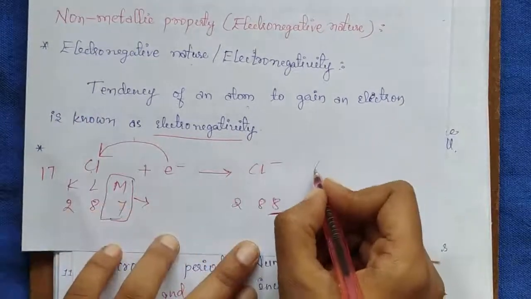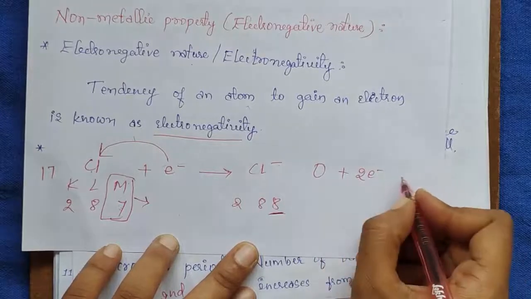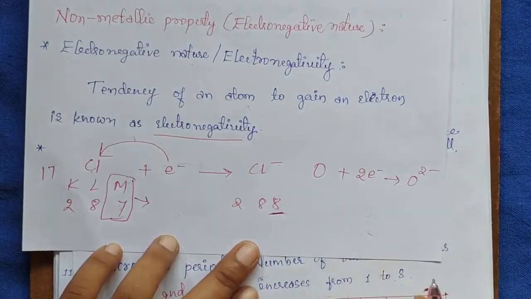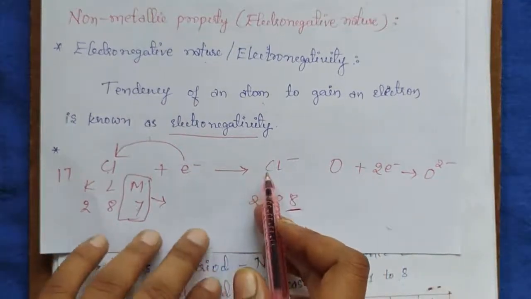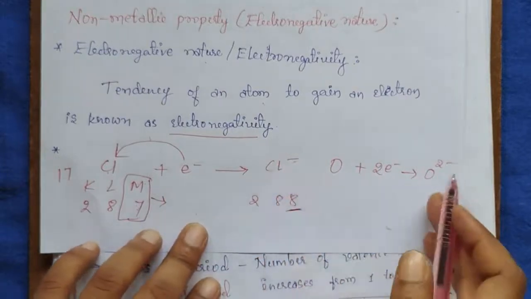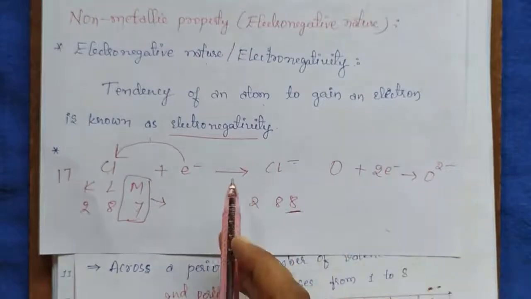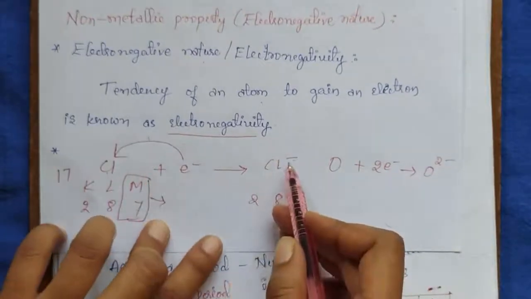If you take oxygen, this oxygen can gain 2 electrons and it will have 2 negative charges. So on gaining 1 electron, a neutral atom will have 1 negative charge.